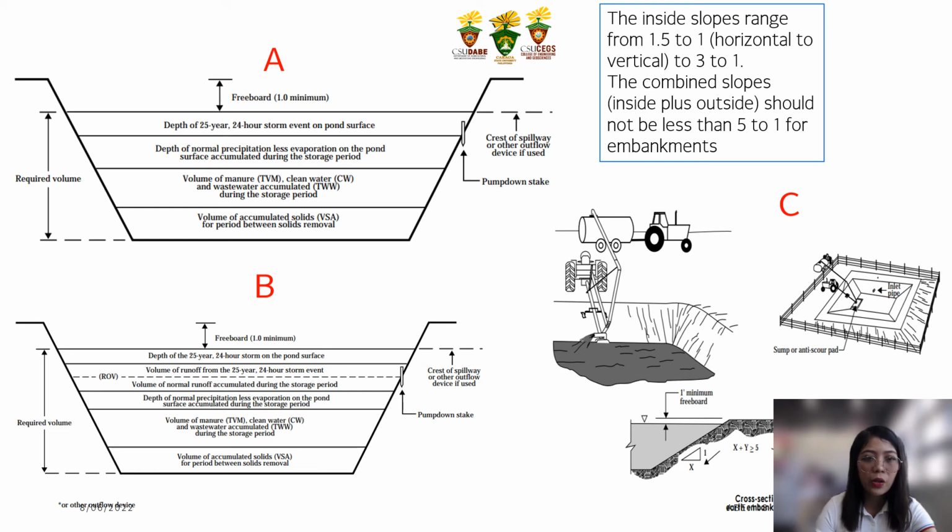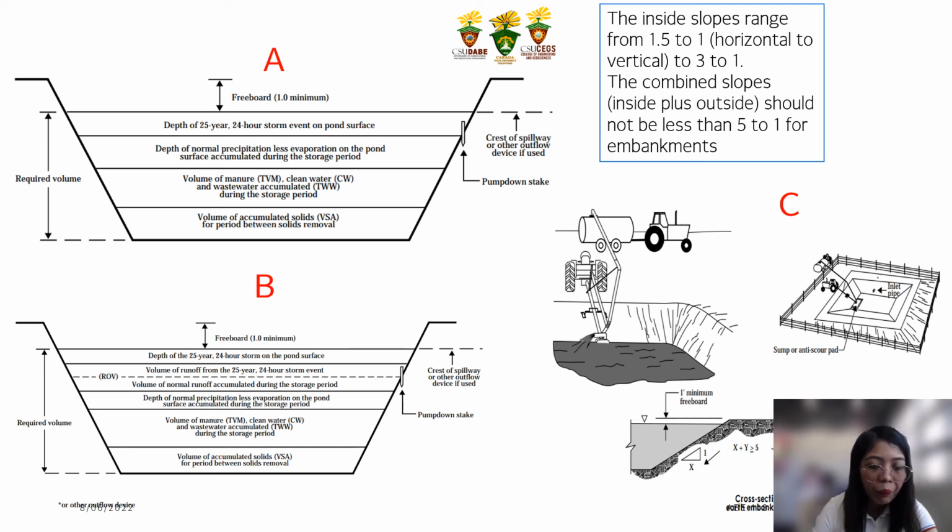We have figures here that I will show. Figure 1 is the cross section of a waste storage pond without a watershed. Please study this figure, the freeboard, the minimum depth, and the 25-year, 24-hour storm.